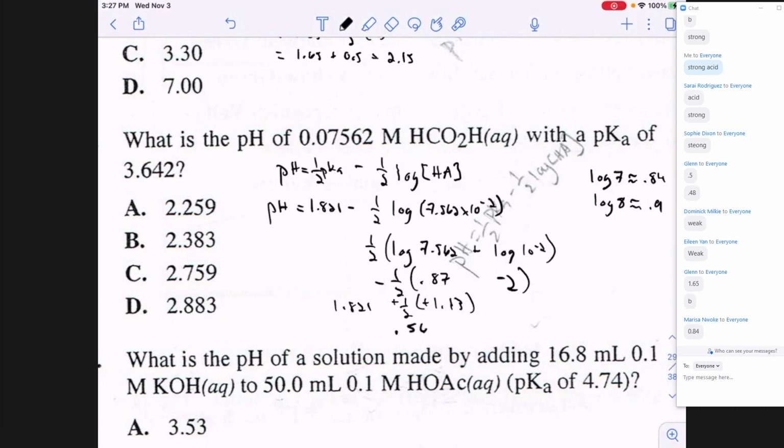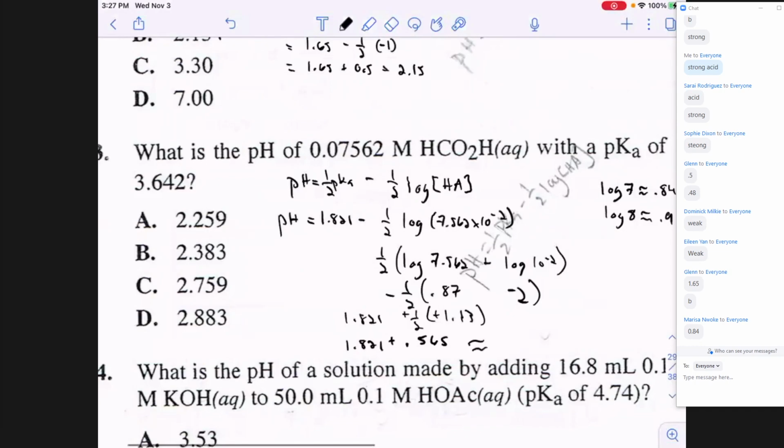It's 0.56 something, right? 565. And we're going to add it to 1.821. That's approximately 2.3 something. That's a pretty darn close approximation to the actual answer that they gave you, right? Answer choice B.